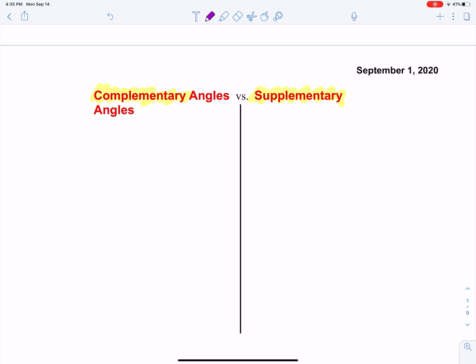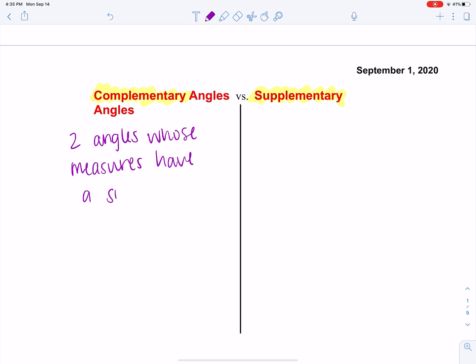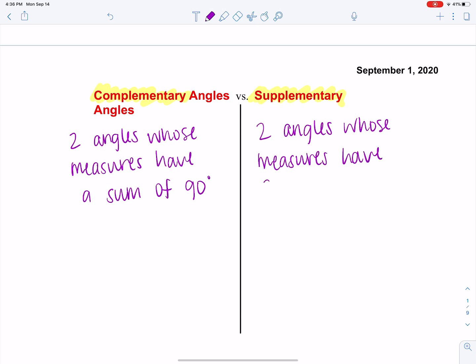Complementary angles are two angles whose measures have a sum of 90 degrees, whereas supplementary angles are two angles whose measures have a sum of 180 degrees.